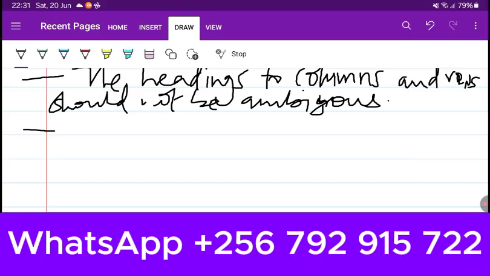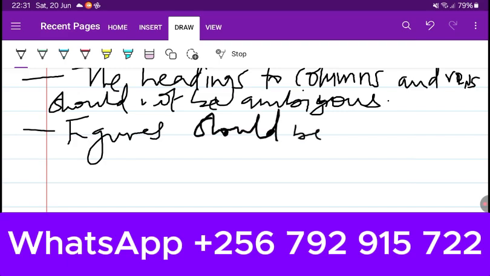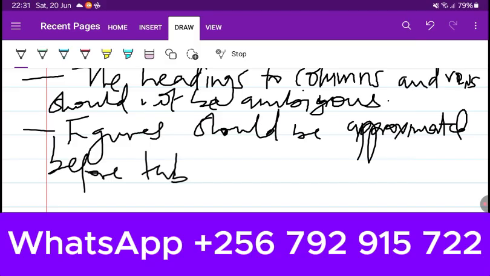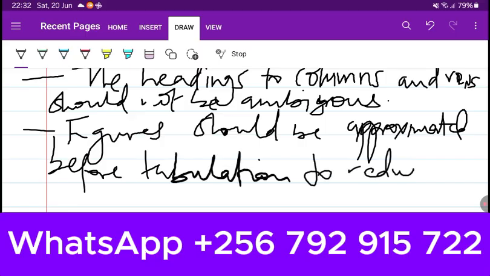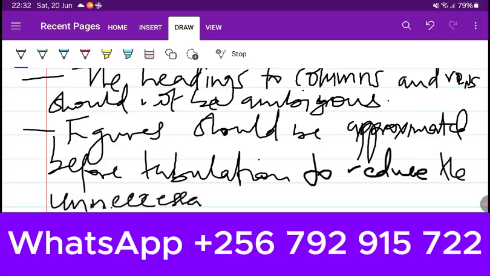So figures should be approximated before tabulation to reduce the unnecessary details in the table. Things to do with decimal points.